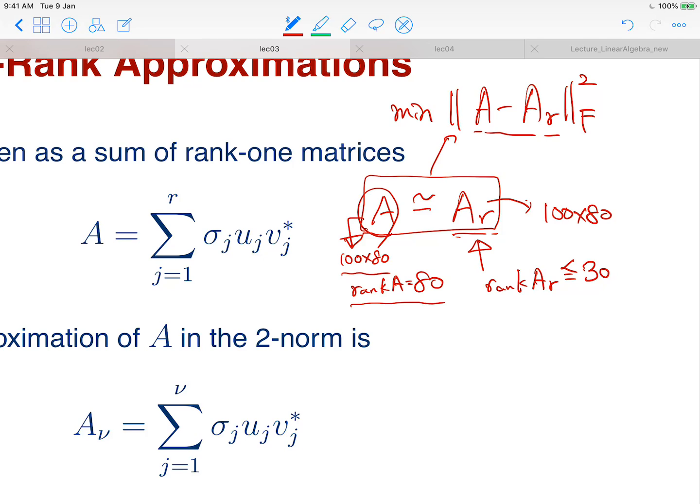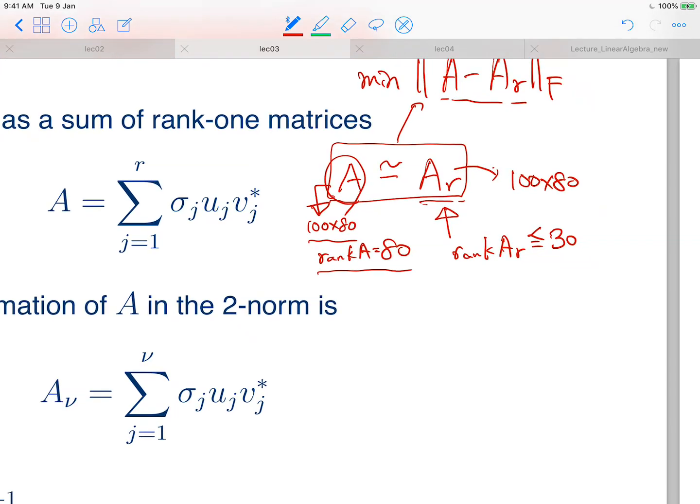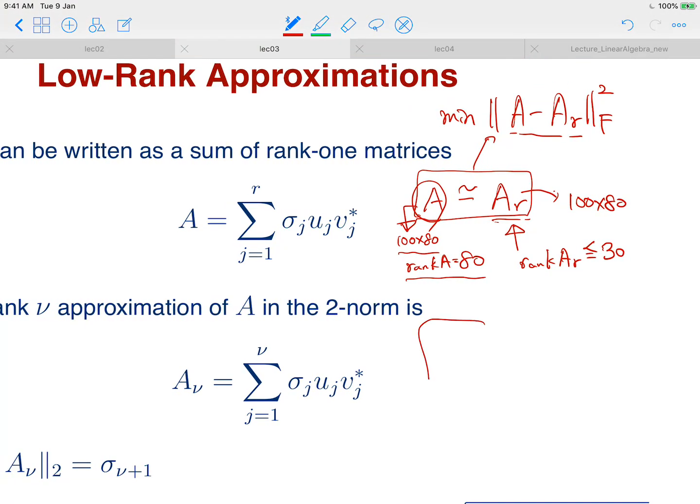That way we can think of A_r as a low rank approximation, because each element is as close as possible to the original element given in the original matrix A.